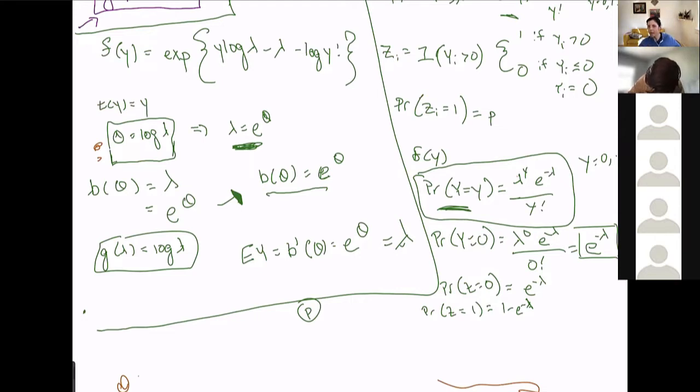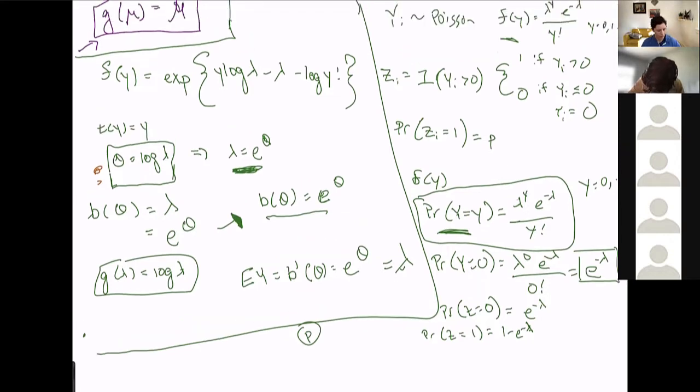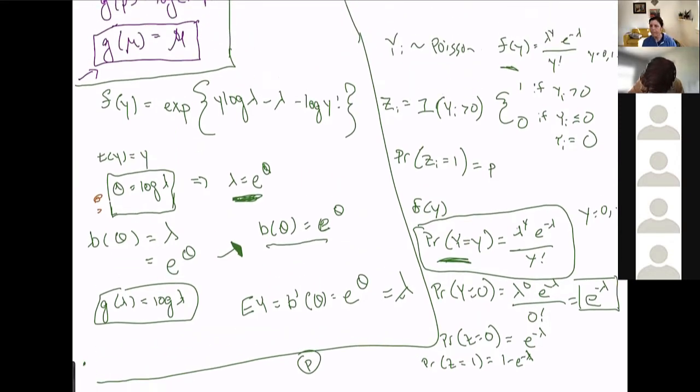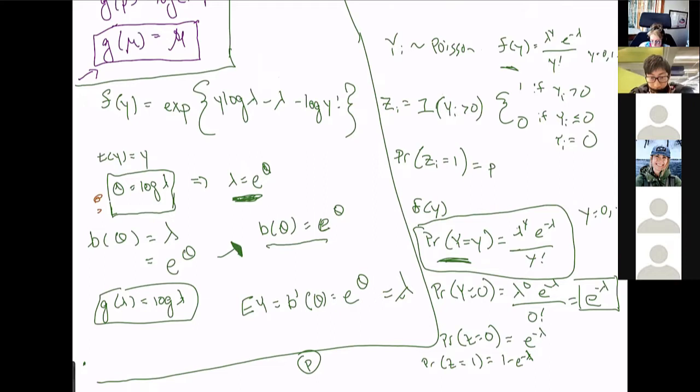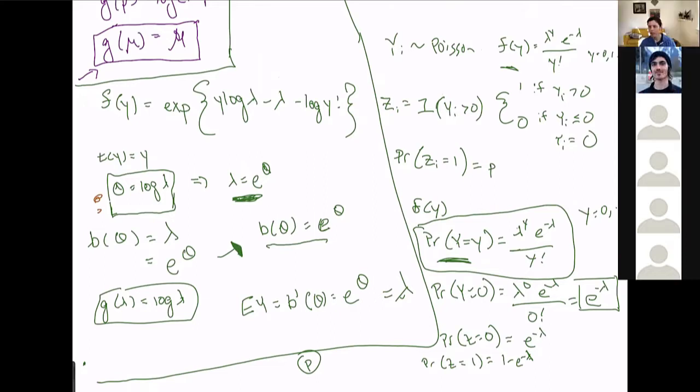Back to the previous example that you just showed with number 2 on the homework. Does it matter if you relate lambda to the probability that y equals 0 or y equals 1? Like the probability that z equals 1.